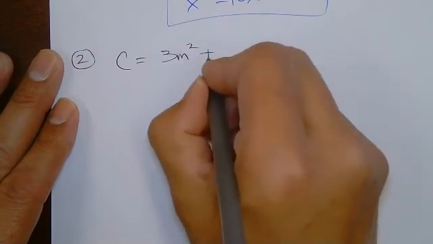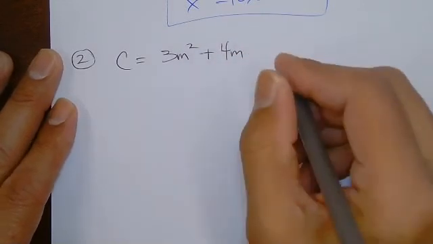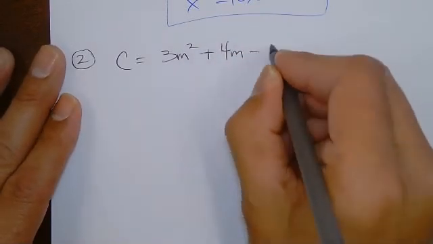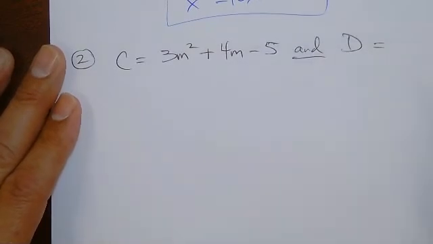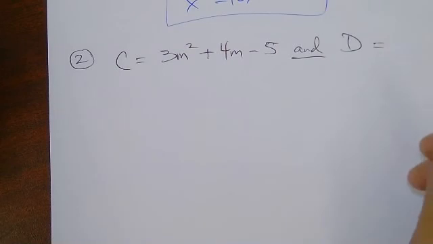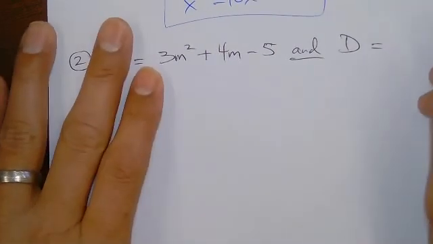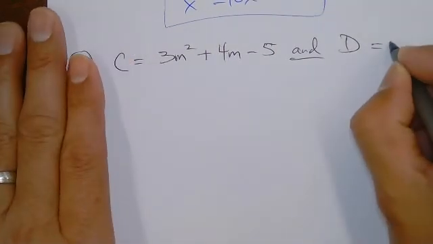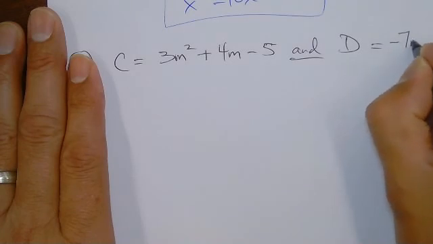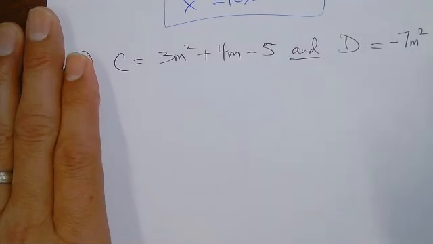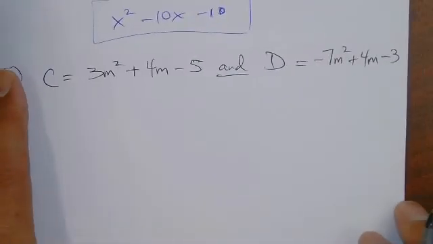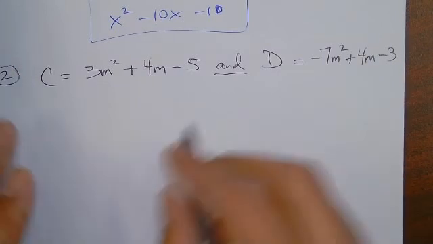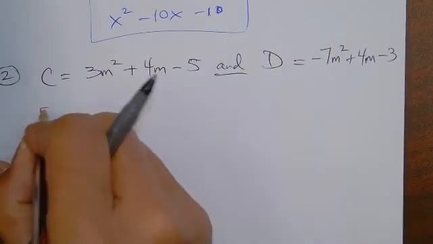What if I tell you that c is equal to 3m squared plus 4m minus 5 and d is equal to negative 7m squared plus 4m minus 3.